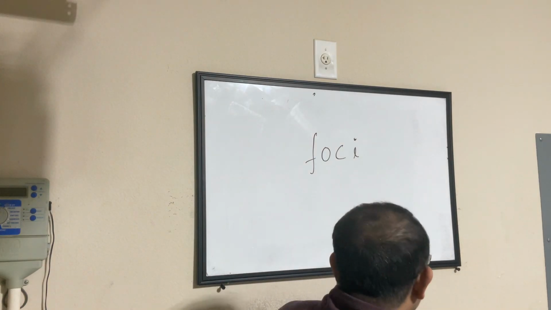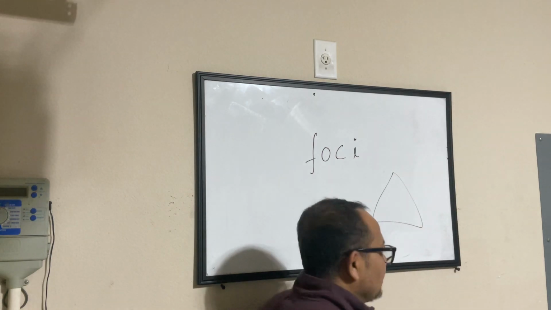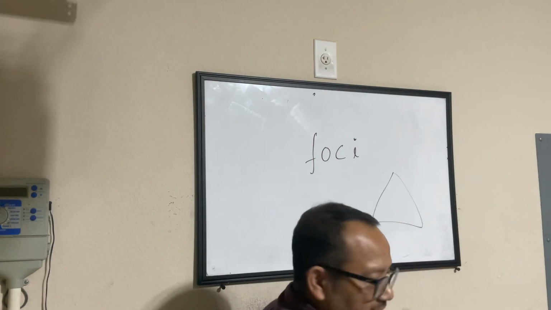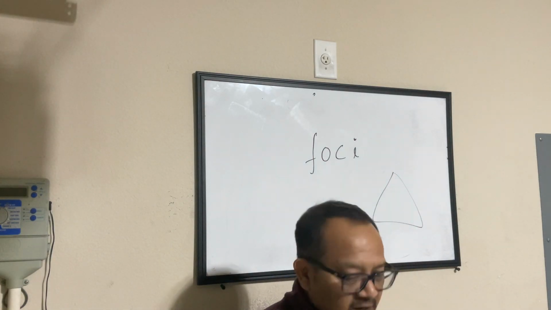Okay, so this is like, if you talk about a triangle, you're talking about a closed shape which has 3 sides and 3 angles, and the sum of all the angles is 180 degrees. This is a property.